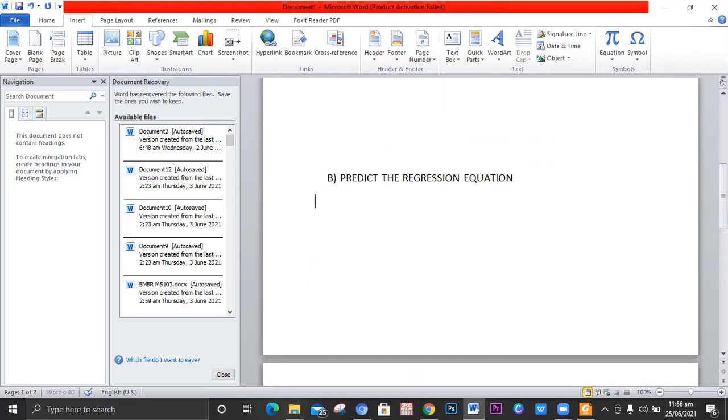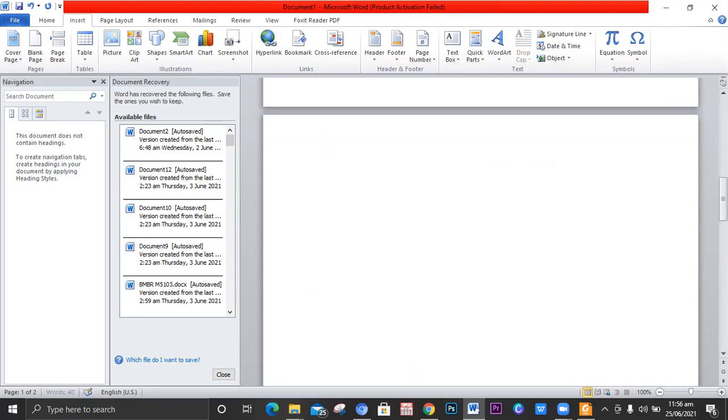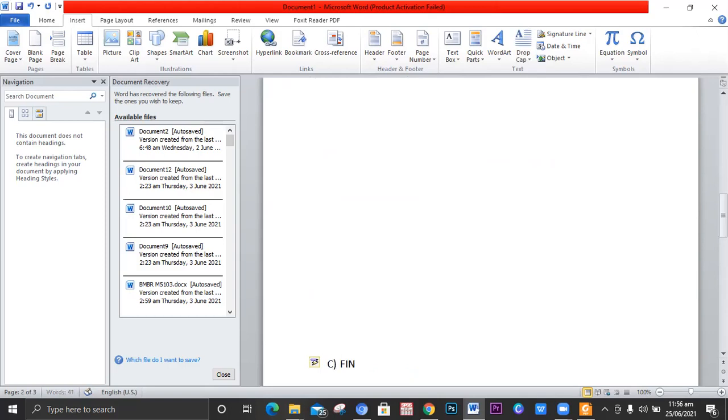The other one will help us find r and r squared and interpret. So you pick your tasks quickly.